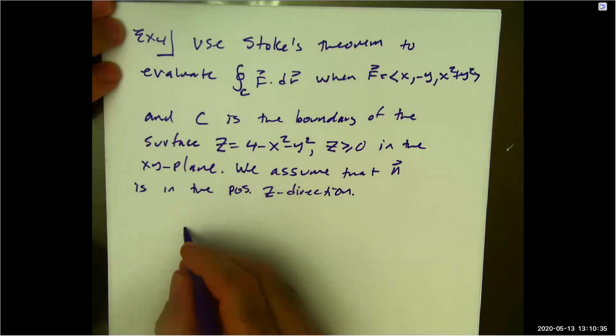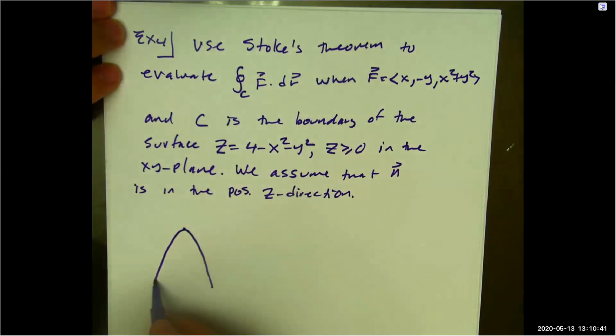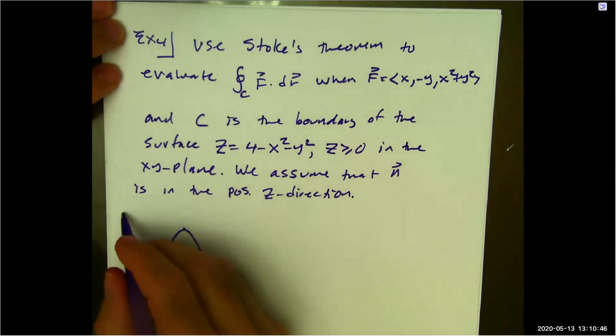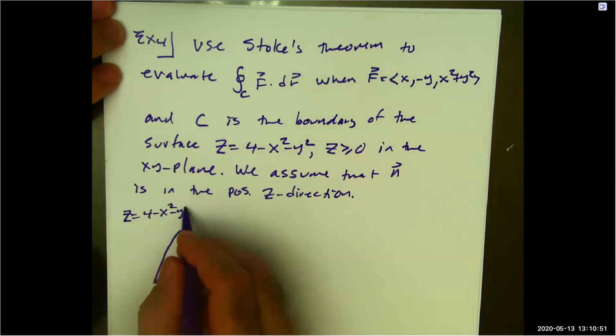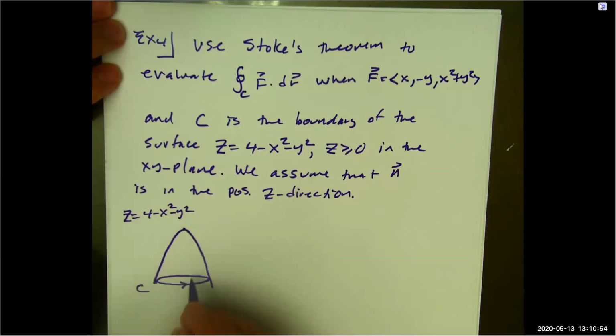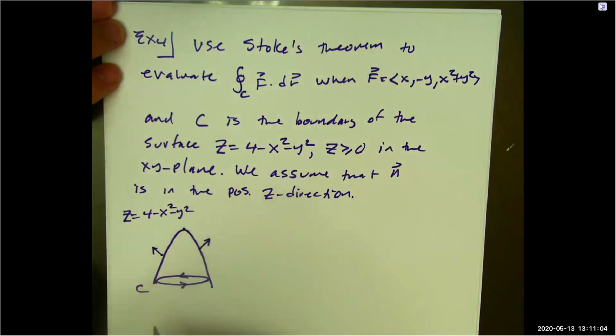So our surface is like this, and this is our paraboloid. And then here you have your boundary curve. Because the normal points up, that means you have to have a counterclockwise orientation along the boundary curve, because as you walk along, your head has to point in the same direction as the normal in that case.